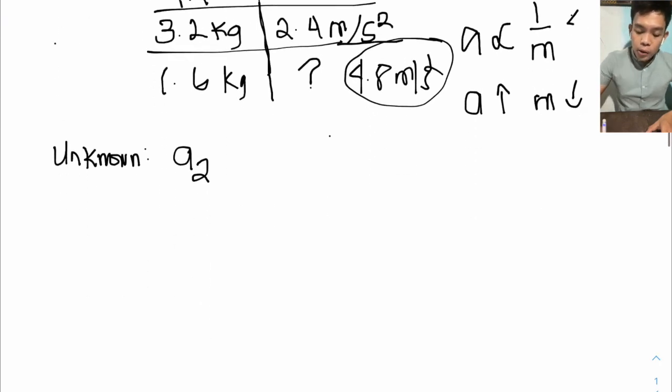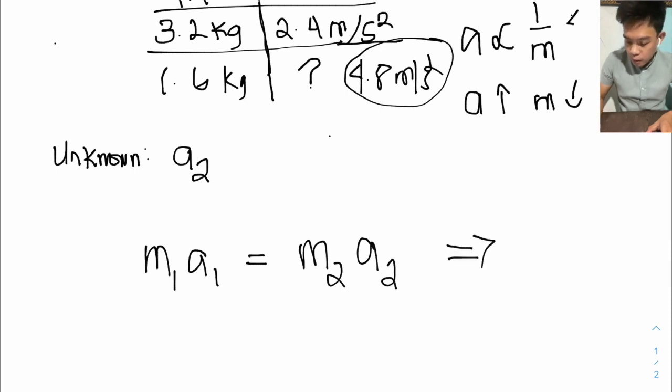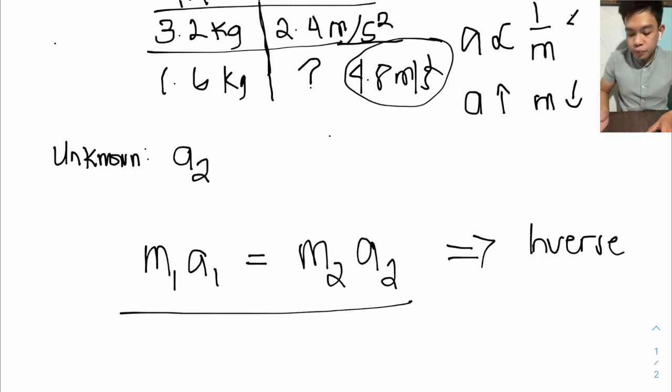Thereafter, we can further conclude with our formula that M1 times A1 is equal to M2 multiplied by A2, because this relationship is inverse. That is why this is our formula.